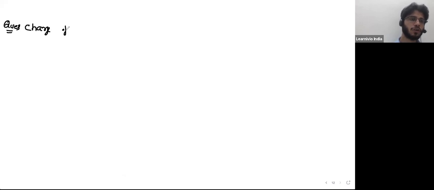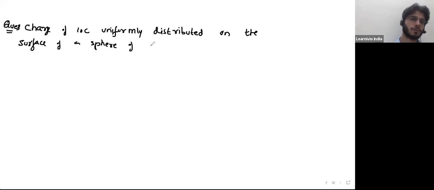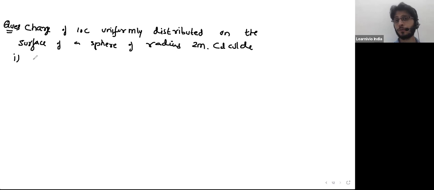So you have a charge of 10 coulomb uniformly distributed on the surface of a sphere of radius, let's say, 2 meter. The area of the sphere is 4 pi r square.